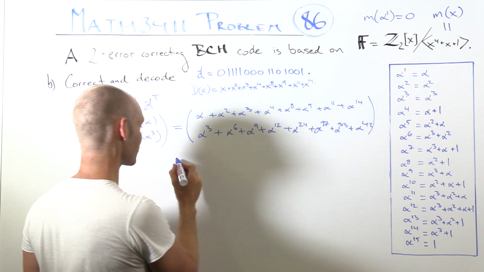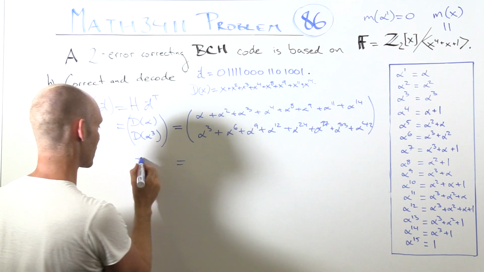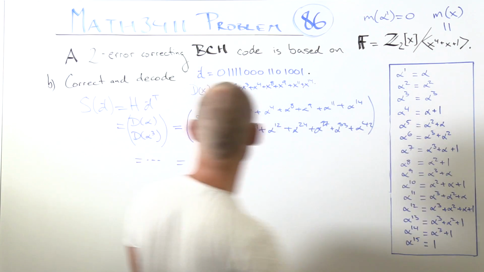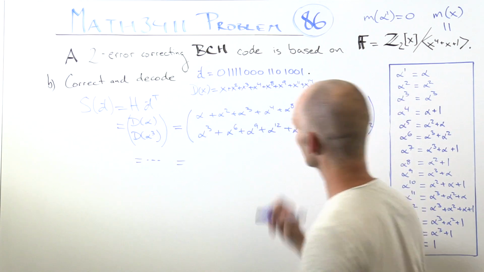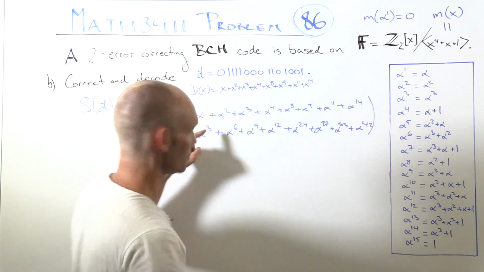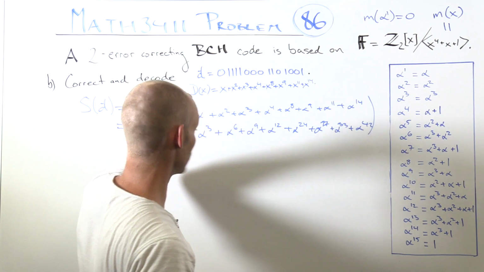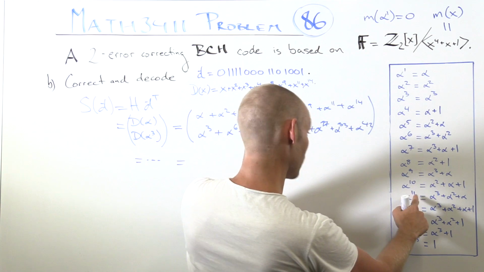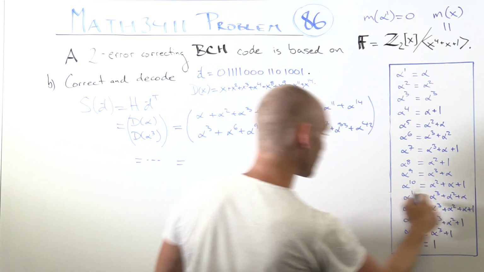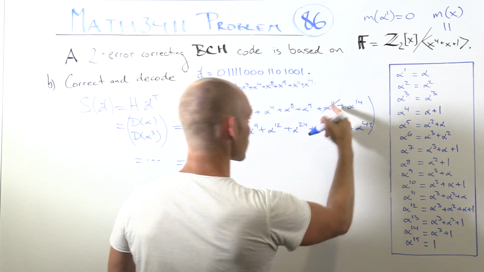Now, again, this involves a couple of calculations that would possibly just waste time to do. It doesn't take too long though, using this table here, for instance. Alpha plus alpha squared plus alpha cubed is, if you look at the table, alpha to the power of 11. So this goes out with alpha to the power of 11.